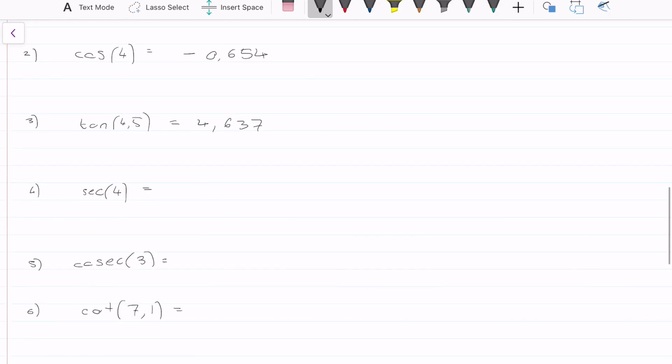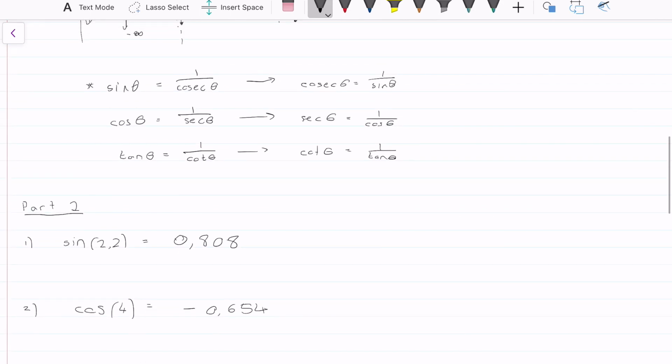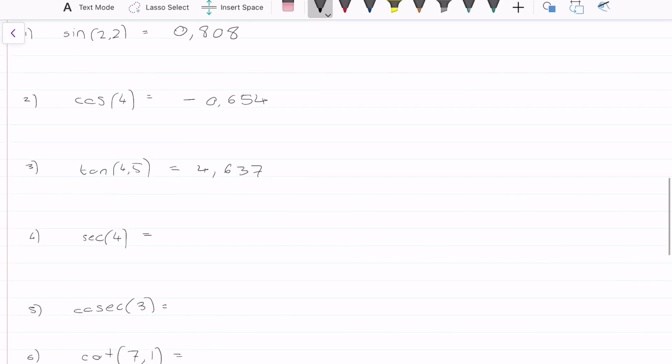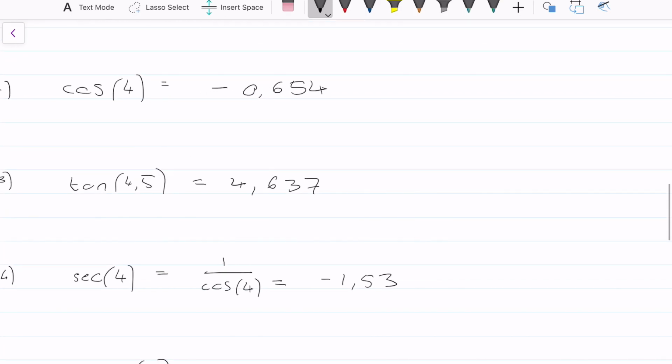Now we have sec. If you look at your calculator, there's no function for sec or cosec or cot. So what are we going to do? We use a relationship that we know of. Sec is equal to 1 over cos of that angle of 4, which is equal to minus 1.53.